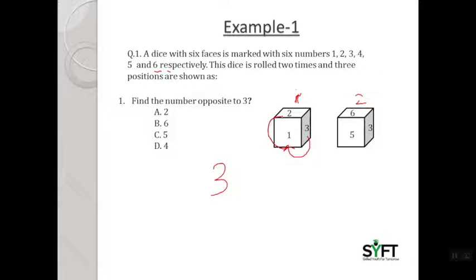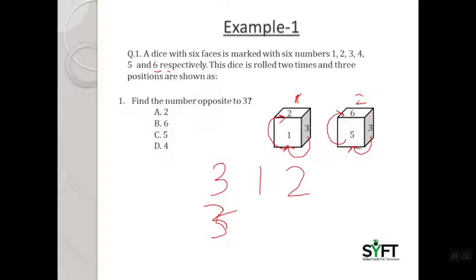going through each number. So the clockwise number next to 3 is 1 in the first roll, and the clockwise number next to 1 is 2. In the second roll of the dice, the clockwise number next to 3 is 5 and the clockwise number next to 5 is 6.